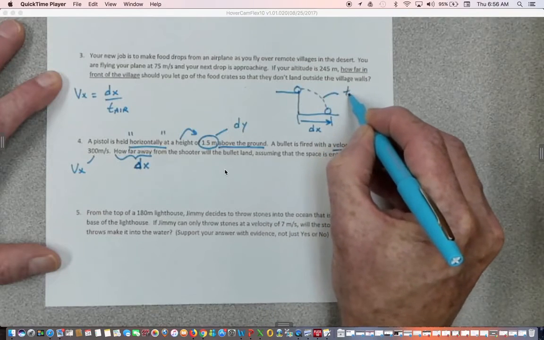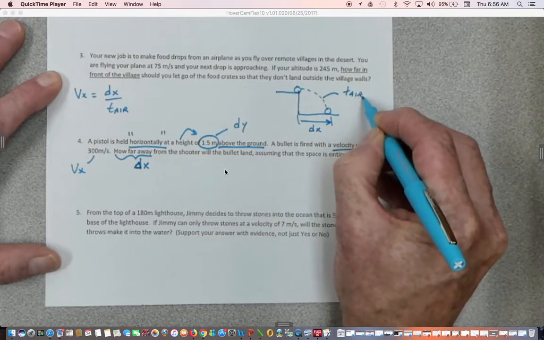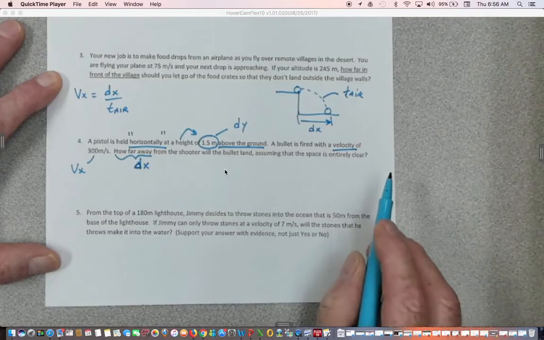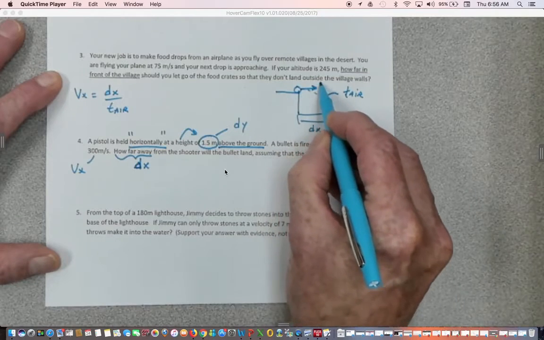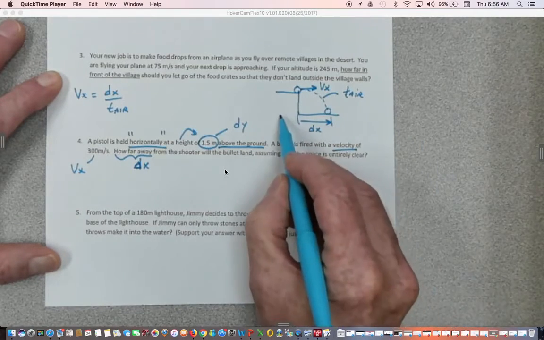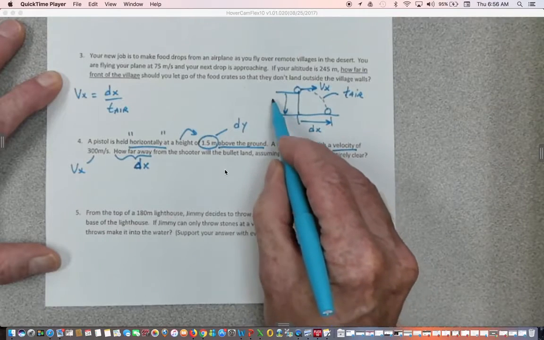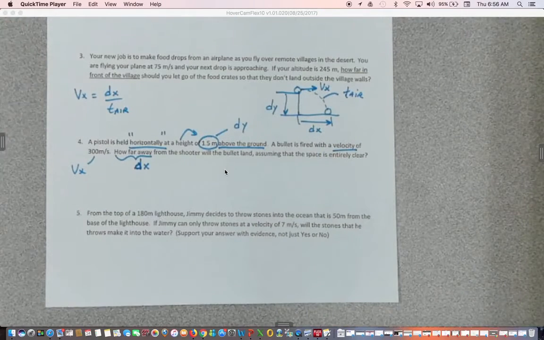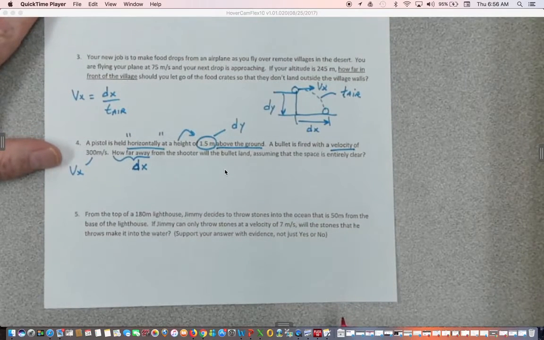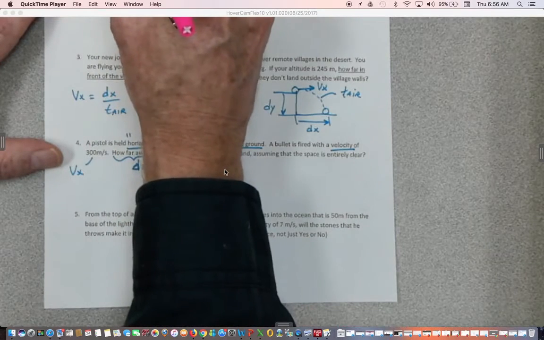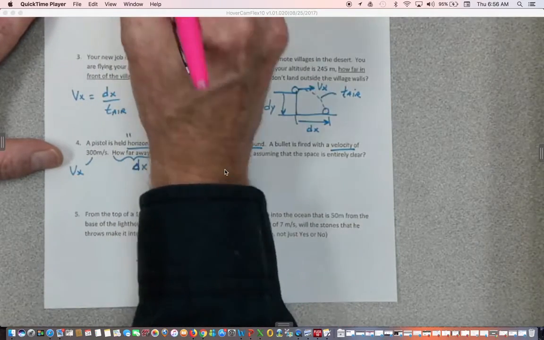Your time in the air only counts over here when you're actually in the air. You have a velocity in the x direction, and you have a delta y. I want that drawn on there for you to get credit for this worksheet. This worksheet will be worth 6 points, so it's a sizable homework assignment.